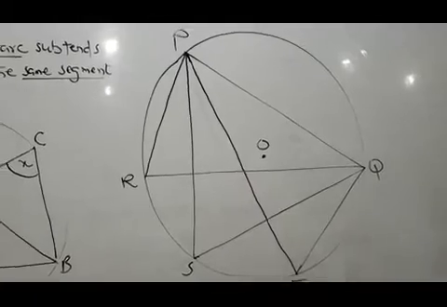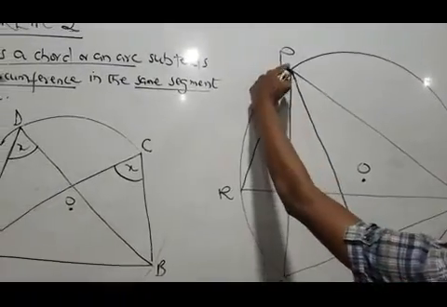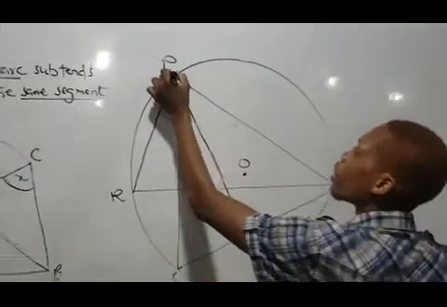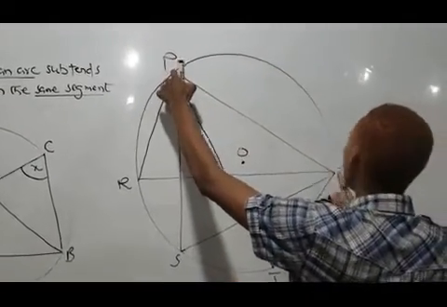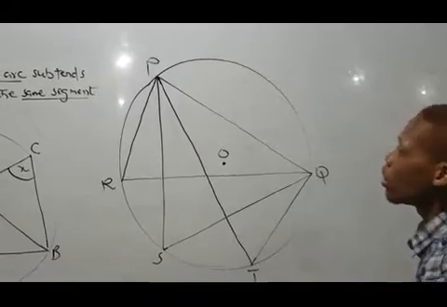Now let's look at this diagram also. If we are looking at the chord PQ, PQ is a chord because it joins the point P to the point Q on the circumference. So PQ is a chord.